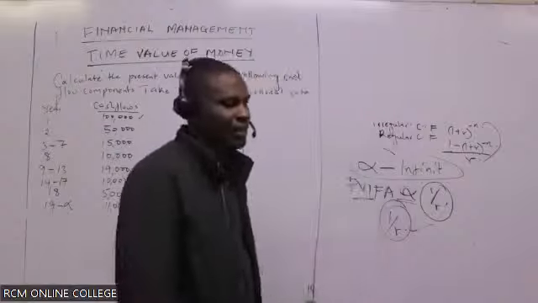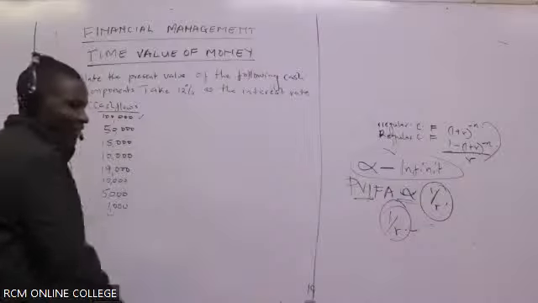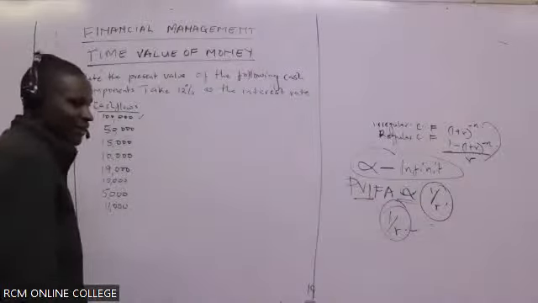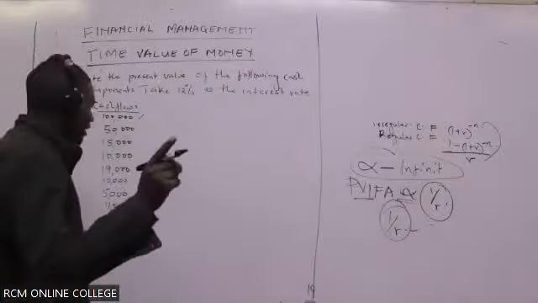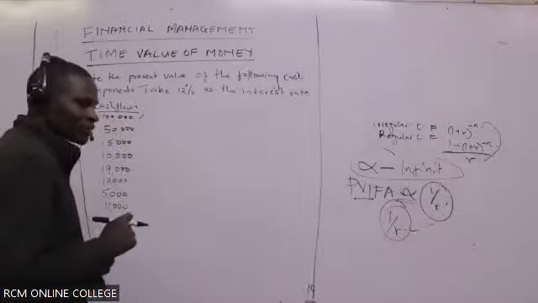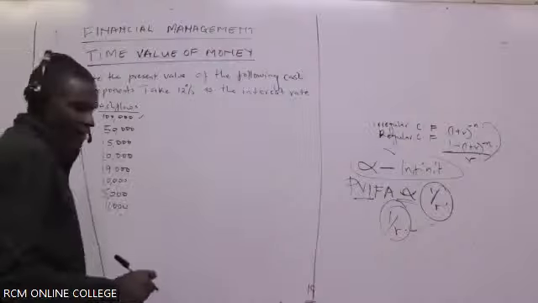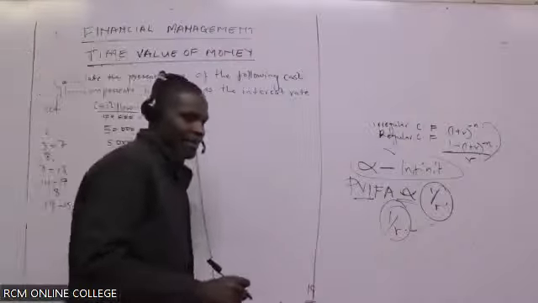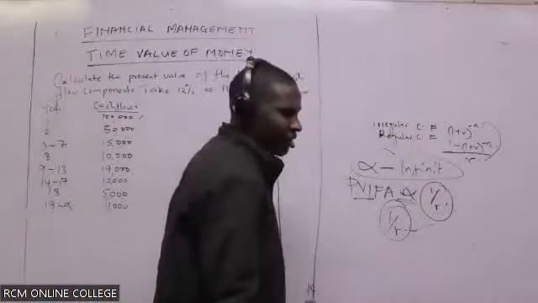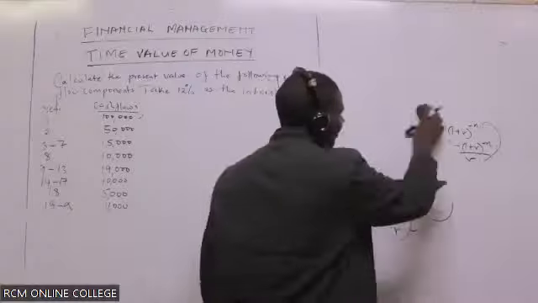Year 1 and year 2, irregular. Exactly. There is somebody there, I can see they are not sure. What about year 3 to 7? Regular. Exactly. That is the secret.